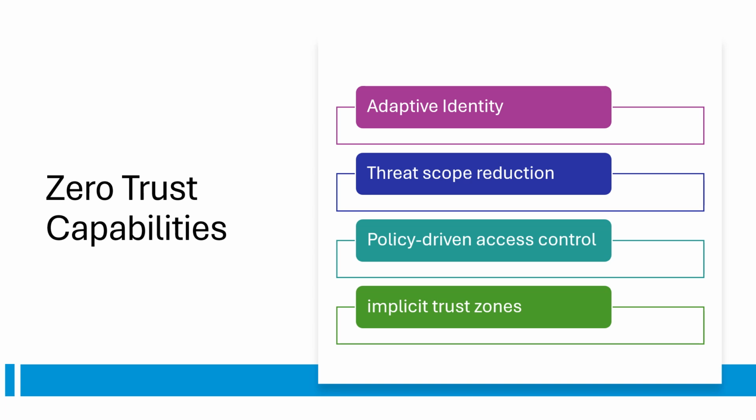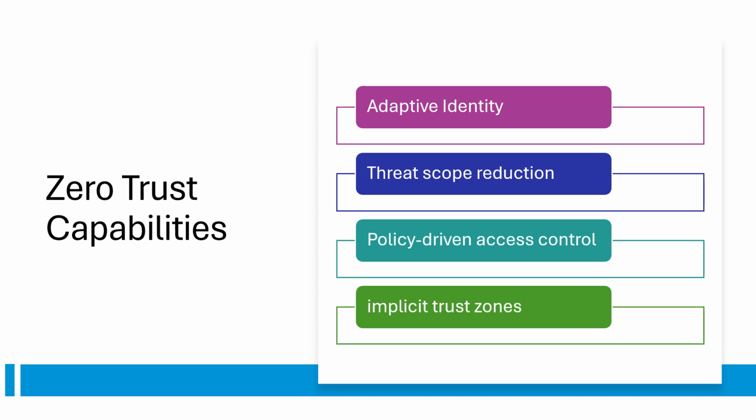Two, threat scope reduction. Employing strategies such as microsegmentation and the principle of least privilege, this capability reduces the avenues available for attackers, limiting lateral movement within the network and minimizing the potential impact of breaches.